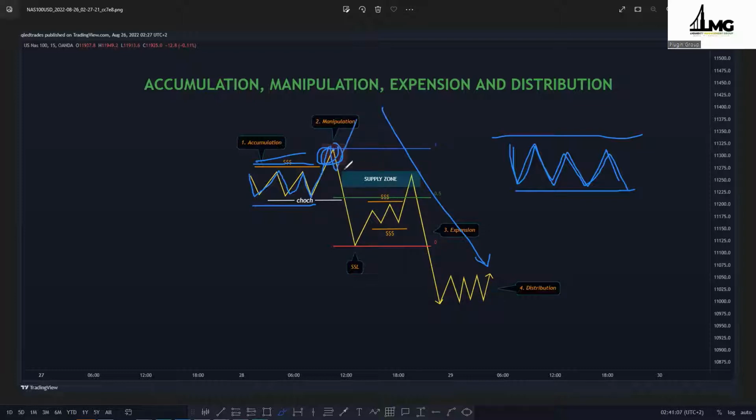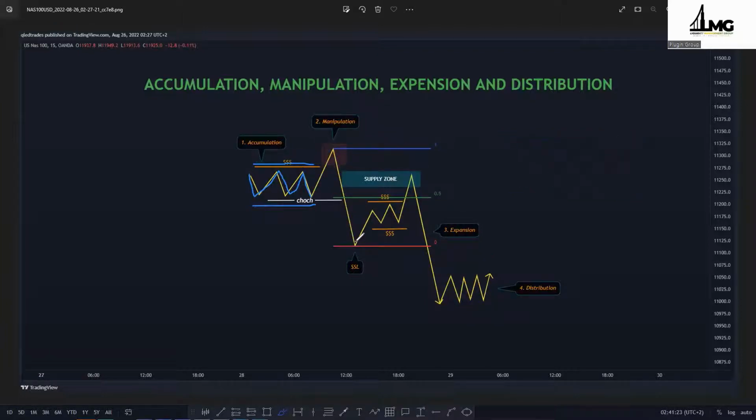Then price grabs the liquidity up here for the people that are selling, takes them out, and the buyers who jumped on the break and retest get taken out as well. So this is price getting liquidity left and right, both up here and for the break and retest setup these guys are waiting for.